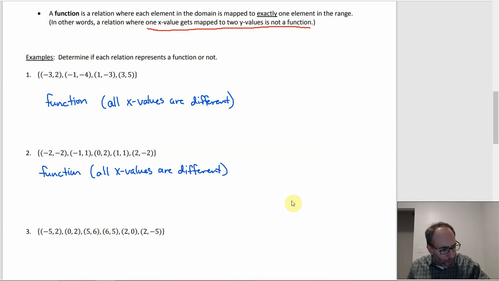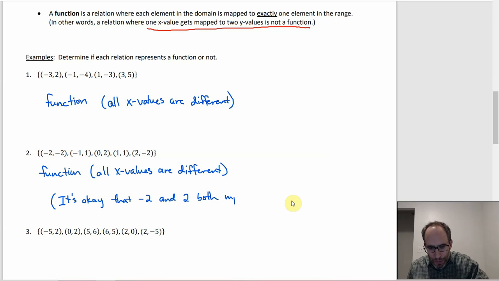And also, I figured I should probably mention this, so I'll put this in parentheses too, that it's okay that -2 and 2 both map to -2.